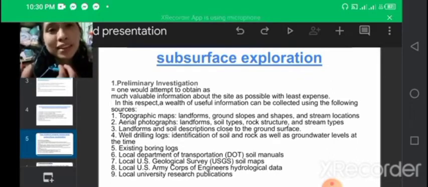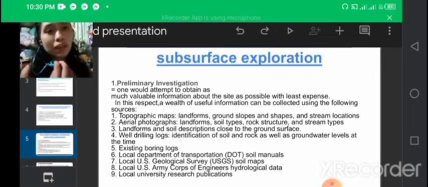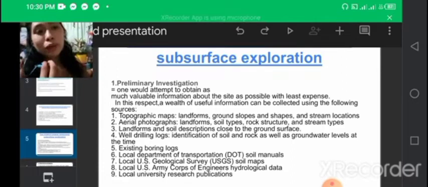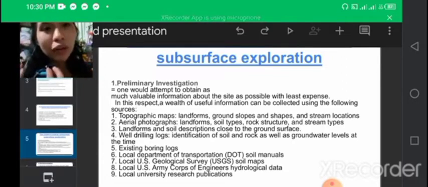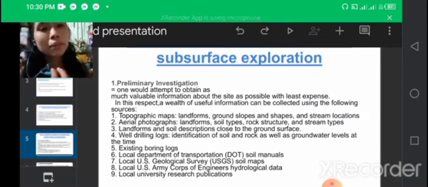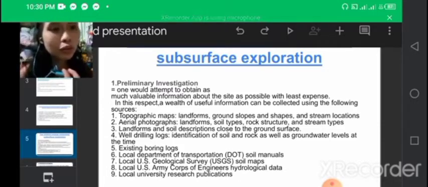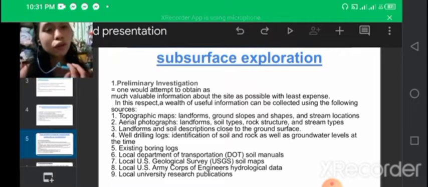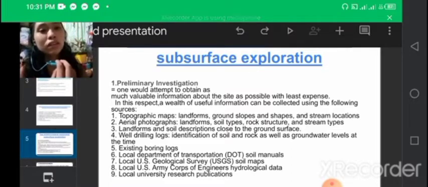The first one is the topographic maps. It includes landforms, ground slopes and shapes, and stream location. The second one is the aerial photographs. It also includes the landforms, soil types, rock structure, and stream types. Third is the landforms and soil descriptions close to the ground surface. Fourth, well drilling logs.